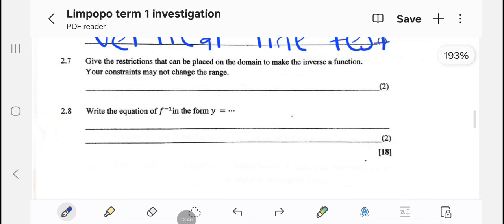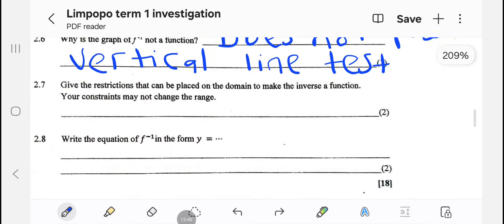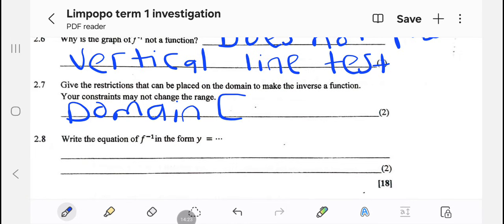2.7, give the restriction. There are restrictions that we have to give so that this inverse must be a function. The restriction is that we have to restrict the domain. The domain must start at 0.